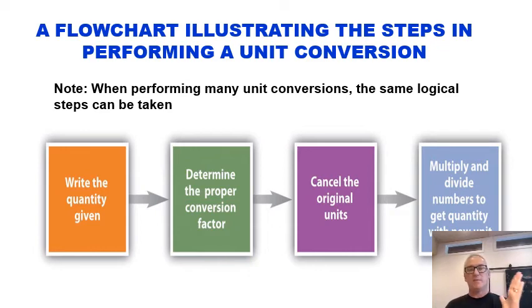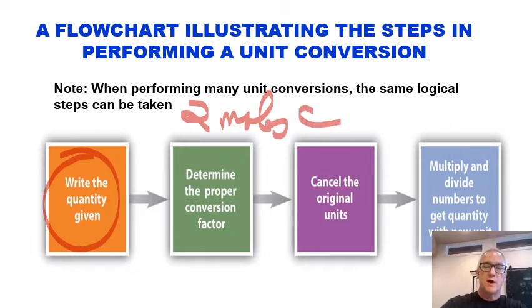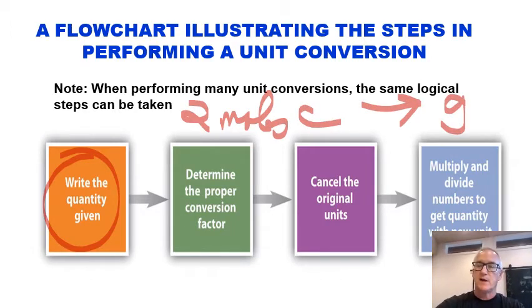So if you're performing a whole lot of changes, then you can do them all at once, or you can break them into stages. So always write down whatever quantity you're given in a question. If it starts with, you are given 6 moles of carbon, and you want to figure out how many grams of ethanol.